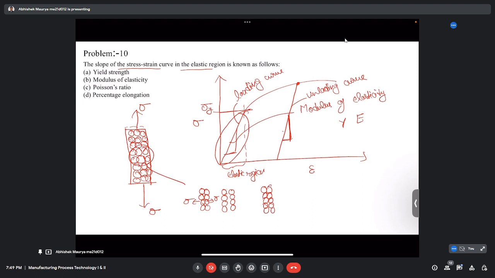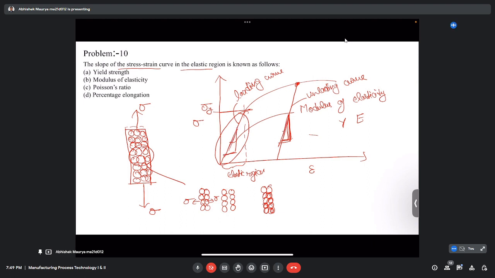Then again they will come closer. This is the fundamental material property governed by the atoms. That is called the Young's modulus, and the slope is the same. Please remember the slope will remain the same for a given material. Whatever we do, this slope will not change for a given setup, given material.